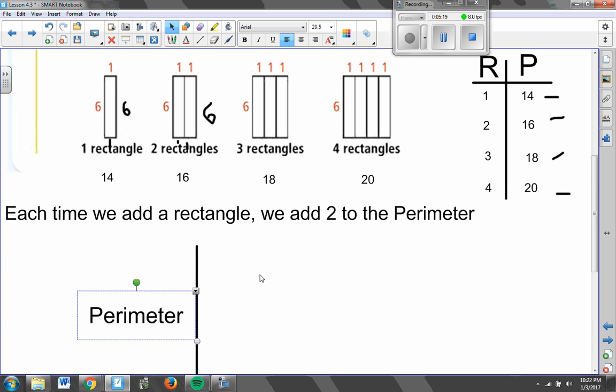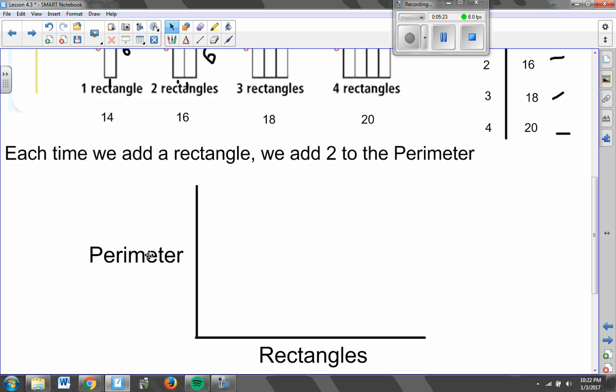The number of rectangles I have tells me how much I'm going to have for my perimeter. So perimeter is what I call the dependent variable. That's dependent, that's independent. Make sure that gets written down in your notes, please.